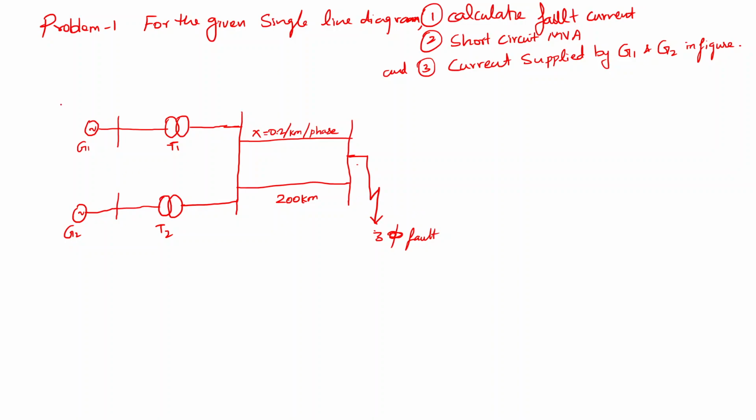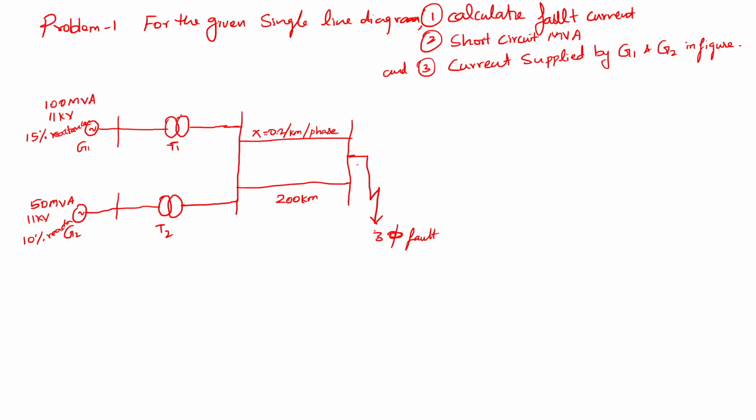And the ratings of generator 1 are 100 MVA, 11 kV, and 15% reactance. G2 is 50 MVA, 11 kV, 10% reactance.